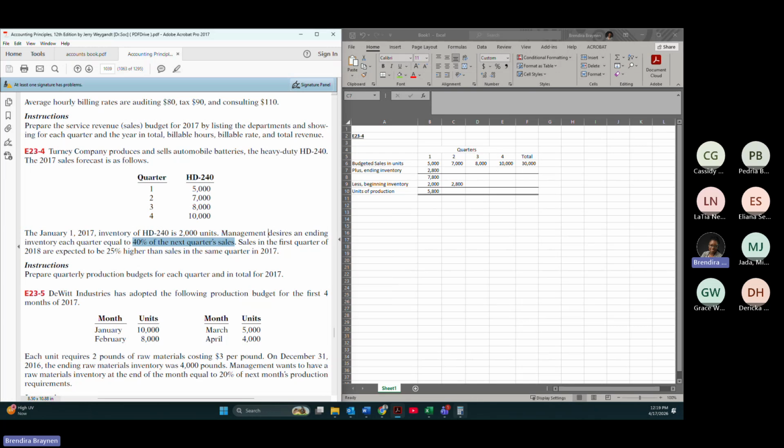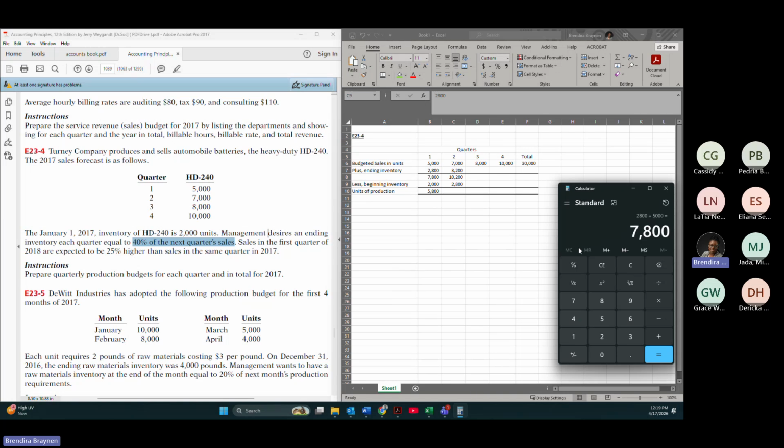So 8,000 units times 40% is 3,200. So 7,000 plus 3,200 is 10,200. And then 10,200 minus 2,800 is 7,400.